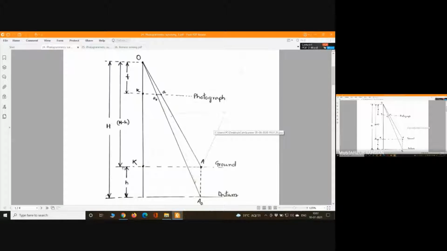And these are the ground points, capital K, capital A, and when it is A naught, that is the datum, the mean sea level. What will be the distance of this line, capital K, capital A? This is the distance of the line at the ground. Now this small k, small a is the distance of that same line in the photograph, right?